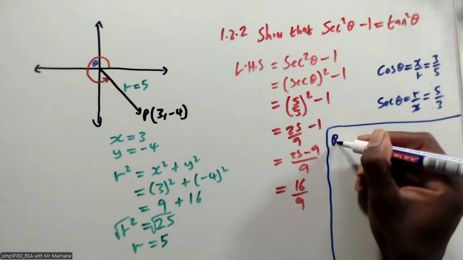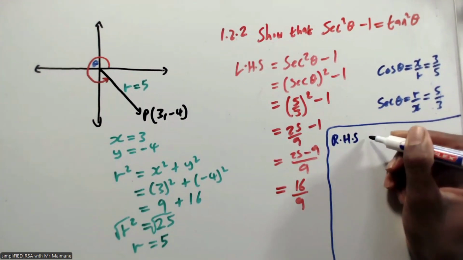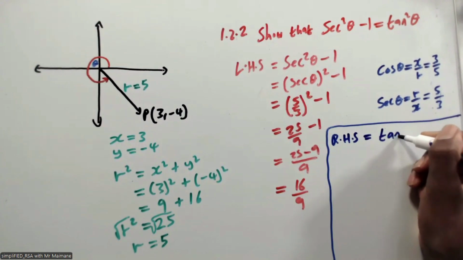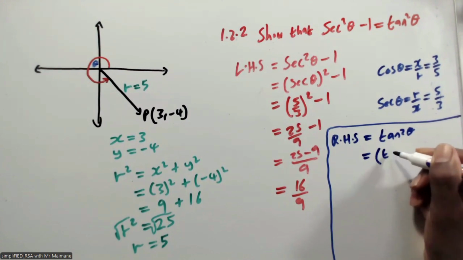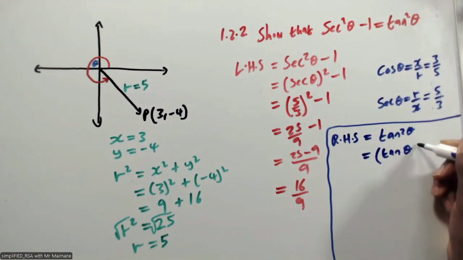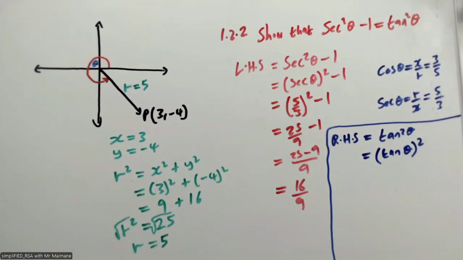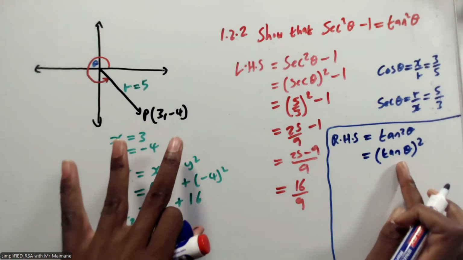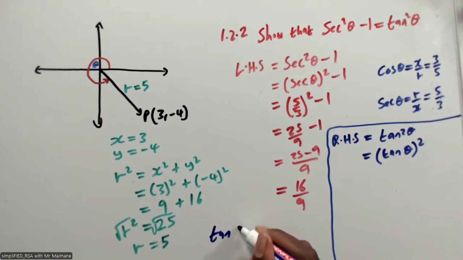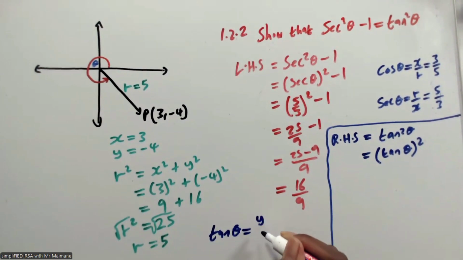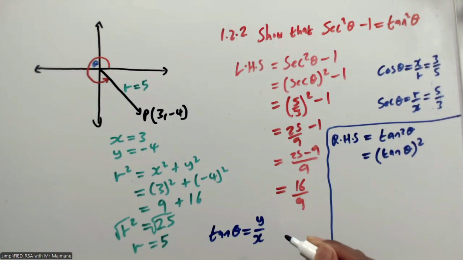For the right-hand side, I have tan squared theta, and I know that tan squared theta is the same as tan theta squared. Now, what is tan theta in terms of the diagram that I have here? I know that tan theta is the same as y over x, which is opposite over adjacent. In this case, y is minus 4, x is 3.